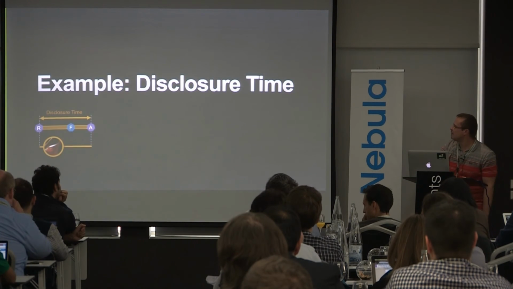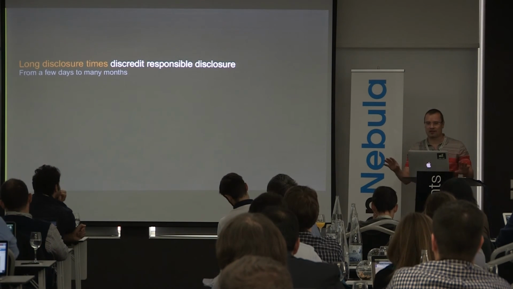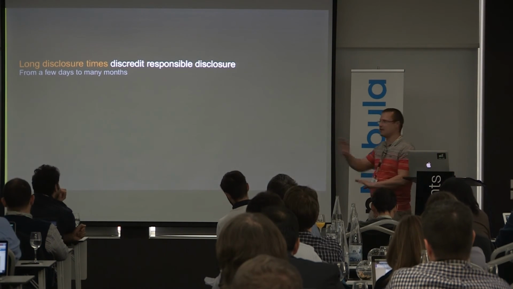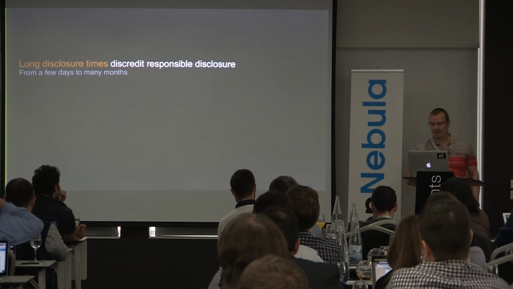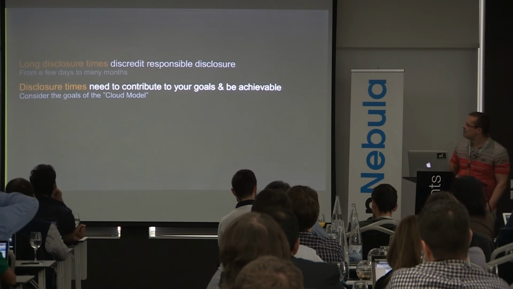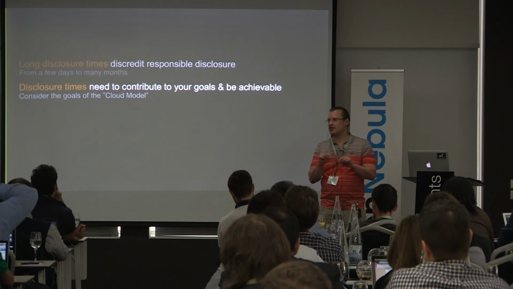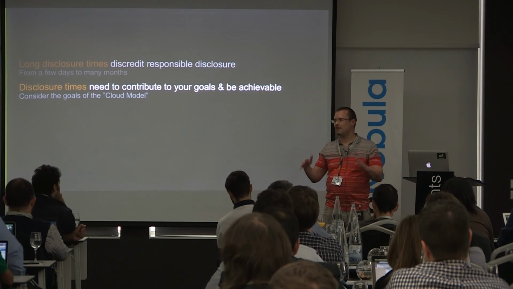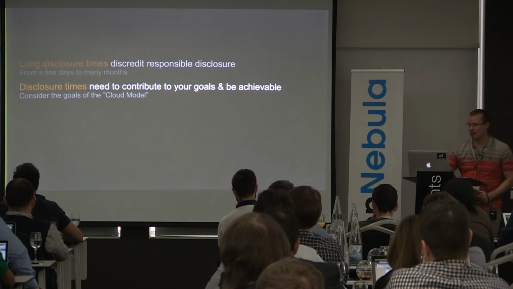Another example is disclosure times. First observation is long disclosure times are bad. They discredit this whole process. And if you choose shorter disclosure times, you actually have to make sure that it satisfies your goals, right? You have to be able to deal with issues in a timely manner.